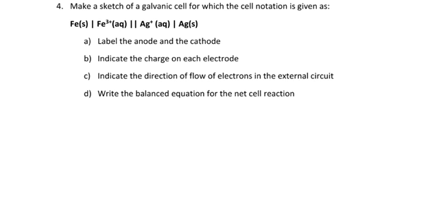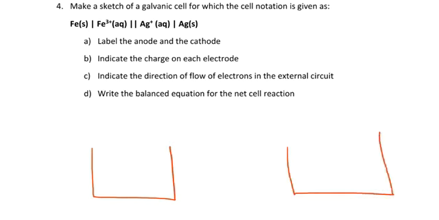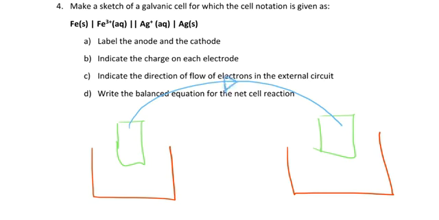So something like this. Two different solutions. We can make a sketch of the electrodes on both sides. We can have a wire joining them. Electrons flow from the anode to the cathode. So this is the anode, that is the cathode.